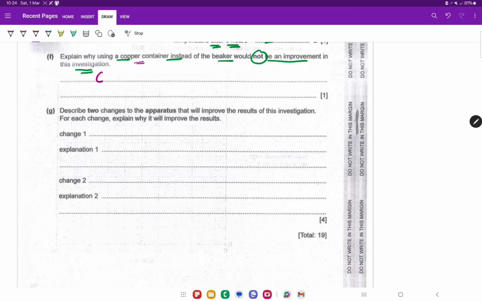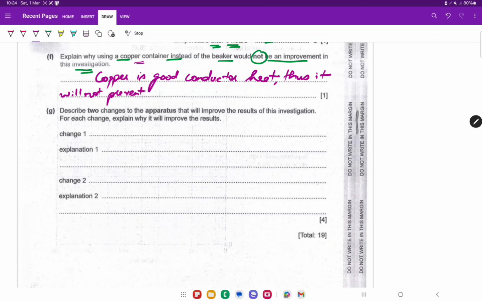Reason for this is copper is also a good conductor of heat. Thus, it will not prevent heat loss.